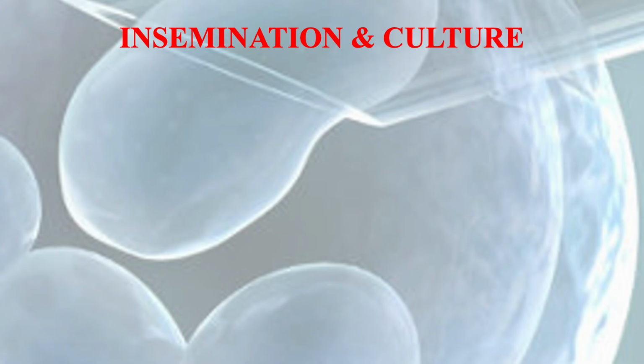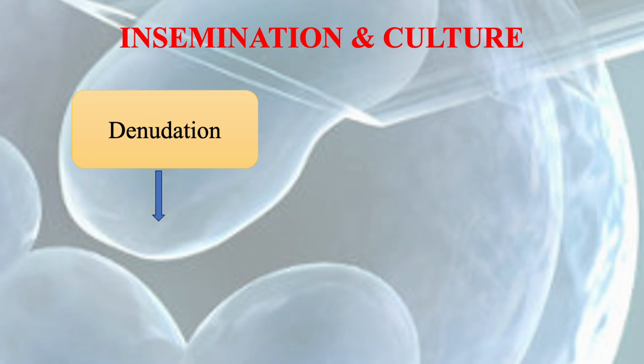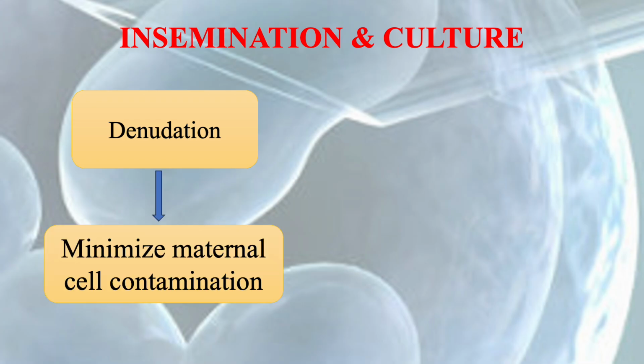Coming on to insemination and culture. Firstly, the denudation is done in order to minimize the maternal cell contamination, because the oocytes will have the cumulus cells around them. So if we do not denude the oocyte, the possibility of cumulus cells which carry the maternal DNA might contaminate the overall result.